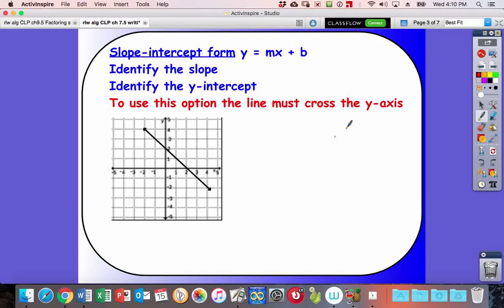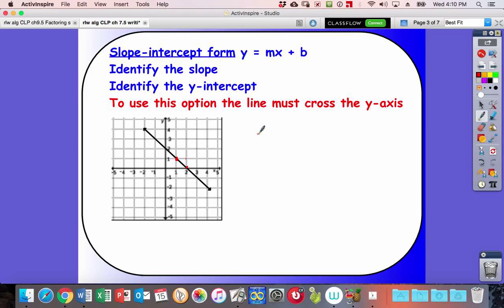I'm not even going to worry about the inequality. I'm just going to graph the line, and I'm going to do this pretty quickly because I have another video on how to graph lines. In slope-intercept form, to identify the slope, I take a point and count up 1 and to the left 1 to get to the next point.